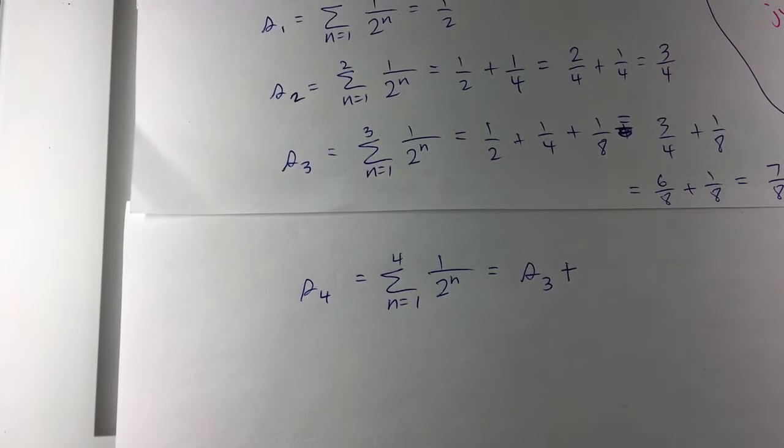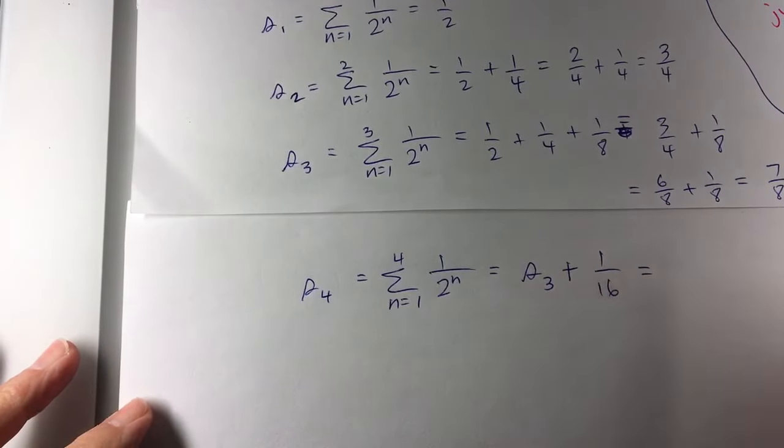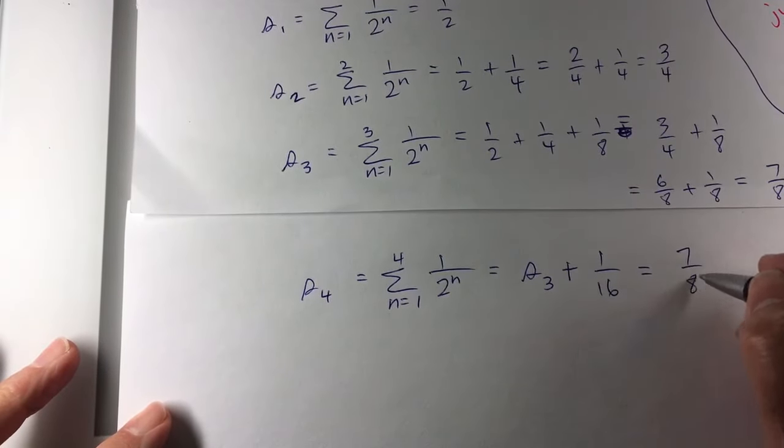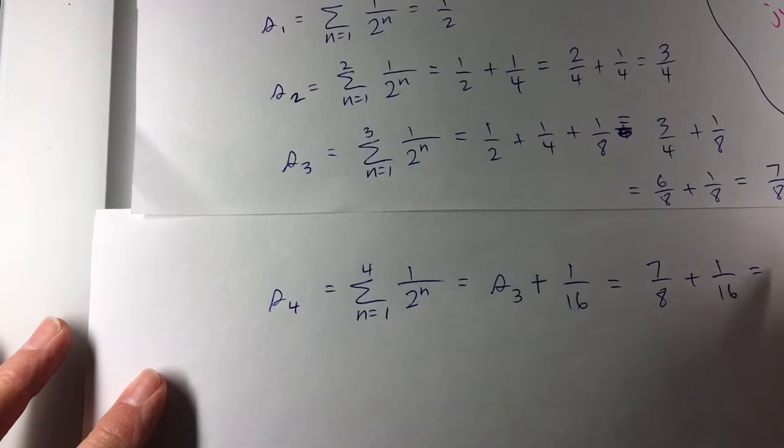And what's that one more term? 1/16. S sub 3 was 7/8. 7/8 plus 1/16. Common denominator 16. So 14 over 16 plus 1/16. I get 15 over 16.